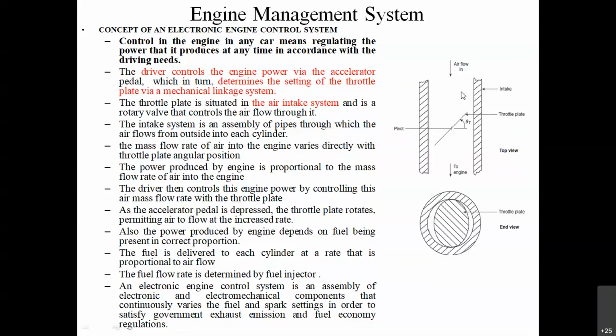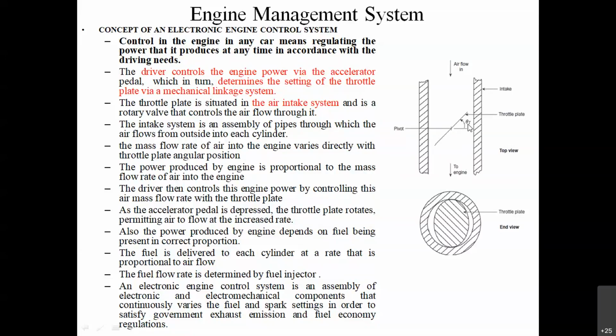So the throttle plate decides how much air is to be taken, based on how much the pedal has been pressed. Your throttle plate angle will be adjusted, and only that much air will be added to the intake manifold.